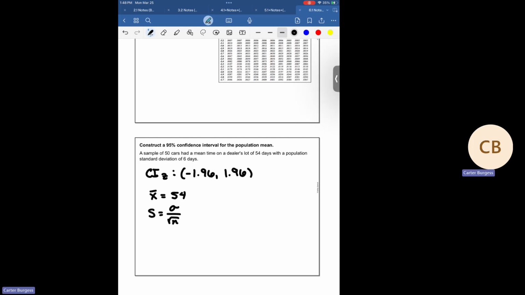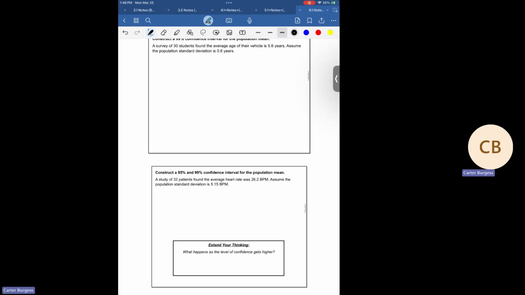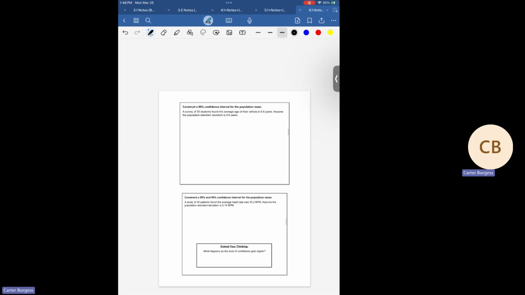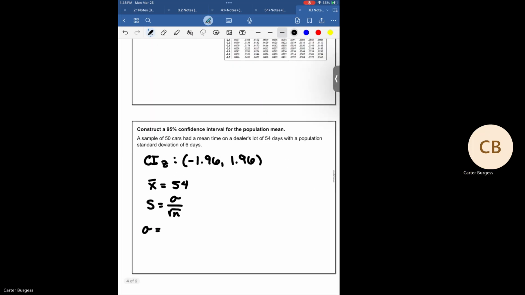Yeah, of n, right? Okay. What is our population sigma? I think you're looking at the next one here, just for this first one, for the car one. What's our standard deviation, population?